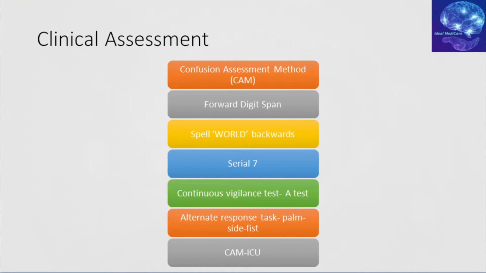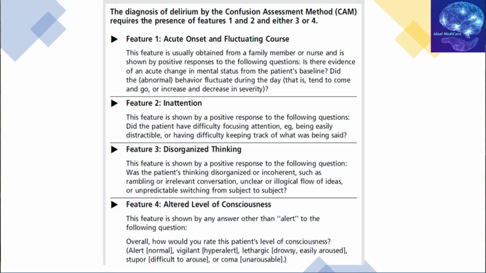And then finally, there is the ICU patient, which is a different patient population having more severe pathology, and we're going to discuss those. So as I said, the first two features should be the core features in the assessment of these patients, and the family or the nurse can give us an idea about the change in the cognitive status of these patients. So it's an acute onset and fluctuating course.